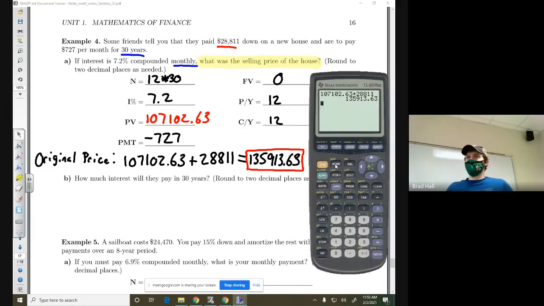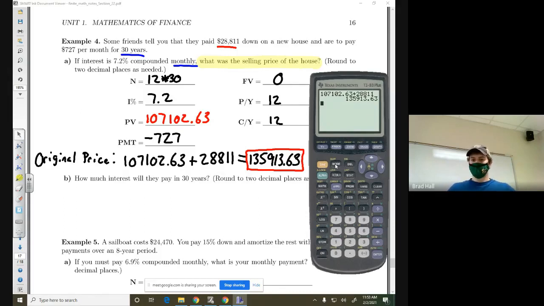So that's what we've done, but we went backwards to unravel the situation. So that's part A of this problem. That's how down payments sort of throw a wrench into this sequence that we're getting familiarized with.